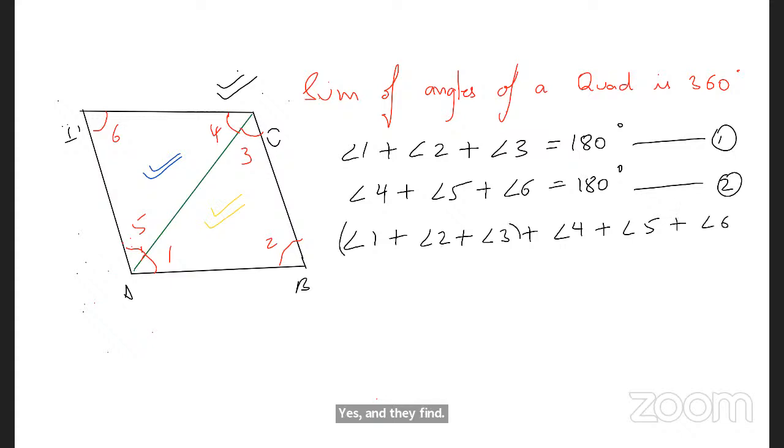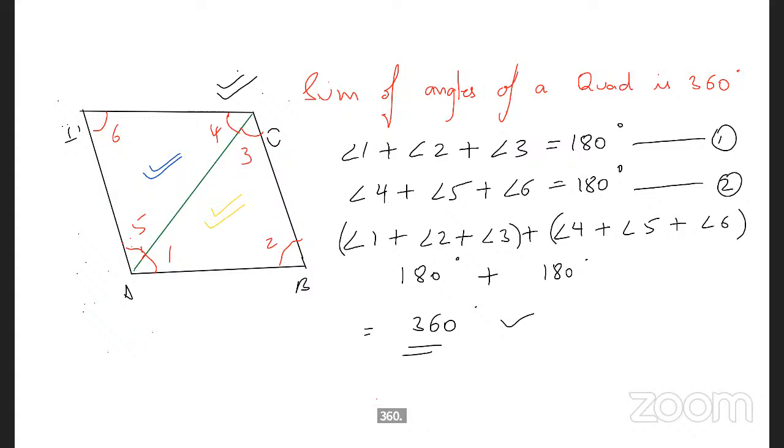This is one set, this is another set. Becomes 180 degree plus 180 degree, which gives us 360 degree. Okay, so the sum of angles of a quadrilateral is 360 degree.